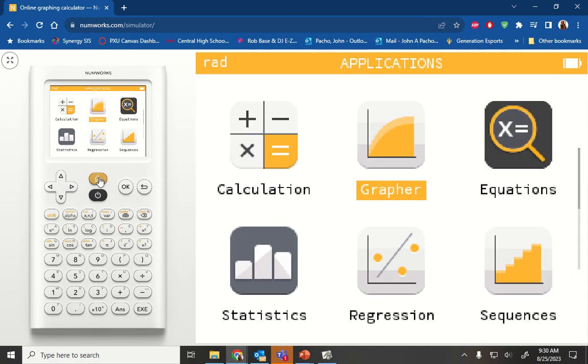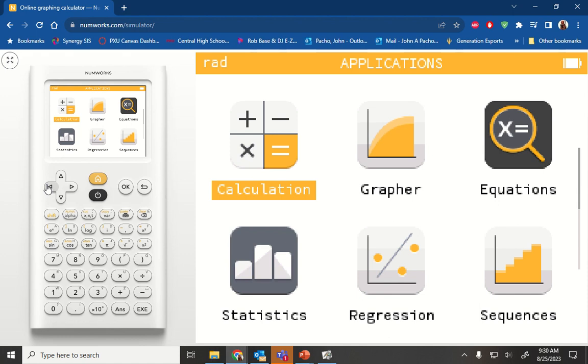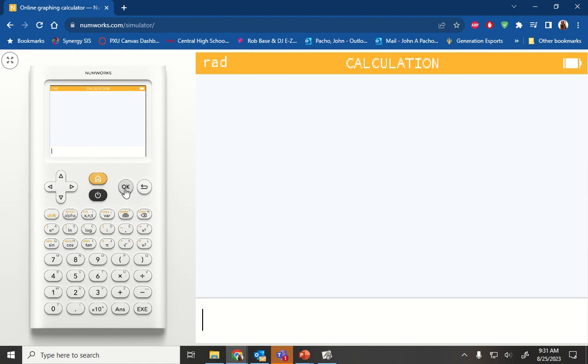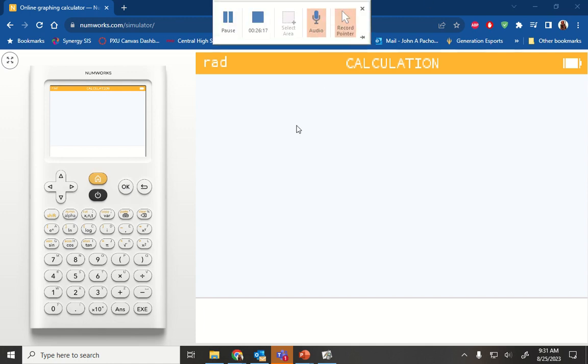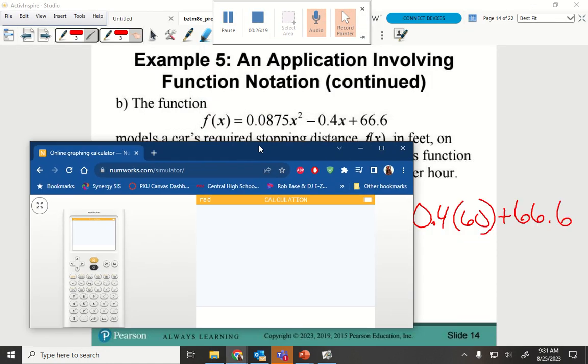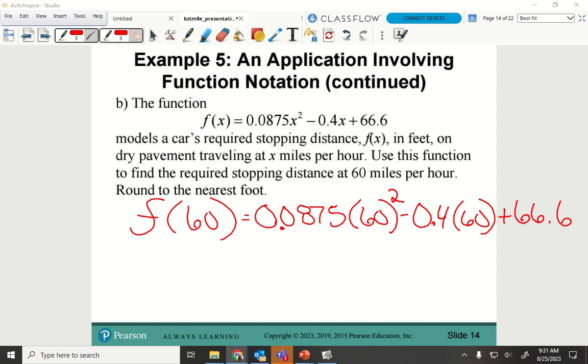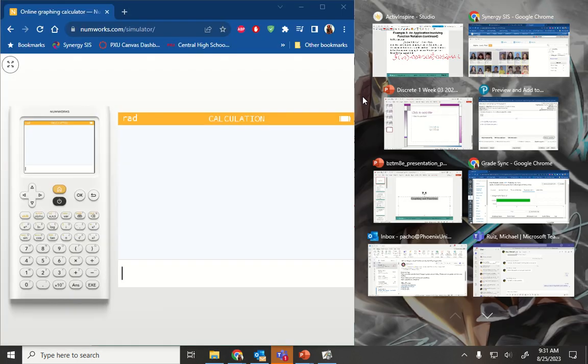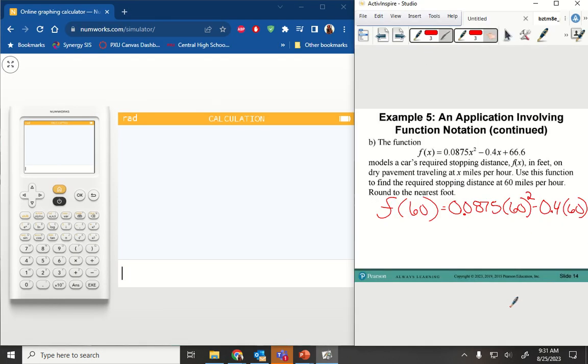Let's go to calculations. Just put it in as you saw it. Let me see if I can split screen so I can see both here.